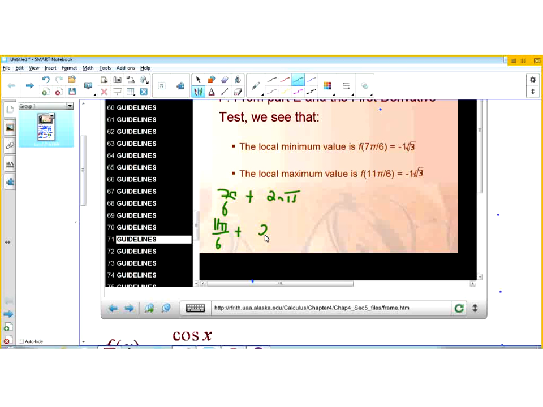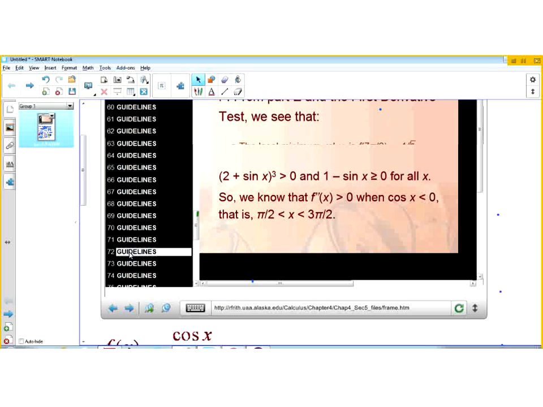So actually, the locus of local minimums would be this, and the locus of local maximums would be this. So you have an infinite number. These are the sets of local mins and sets of local maximums. That's how they came to these conclusions.